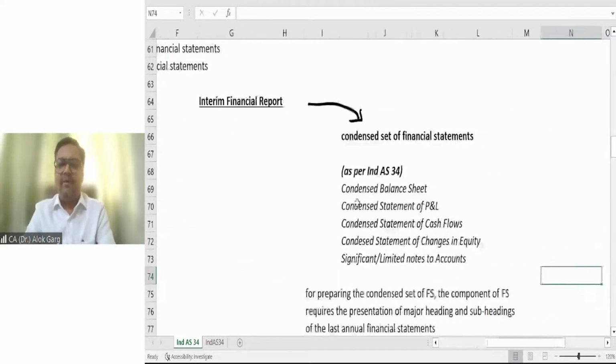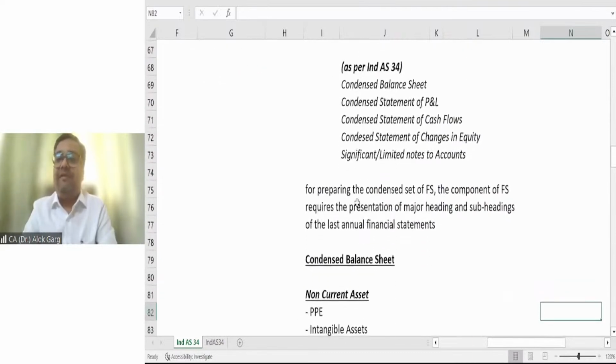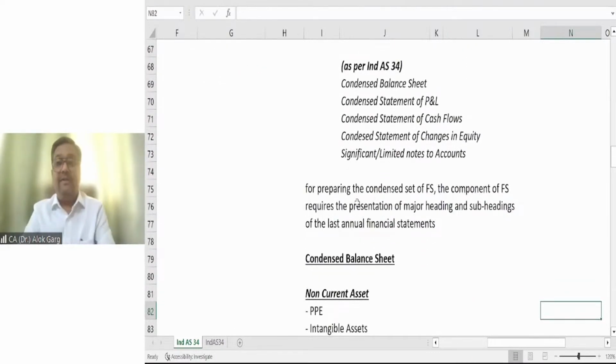Standard says that for preparing the condensed set of financial statement, the components of financial statement, meaning balance sheet, P&L, cash flow, statement of changes in equity, right?